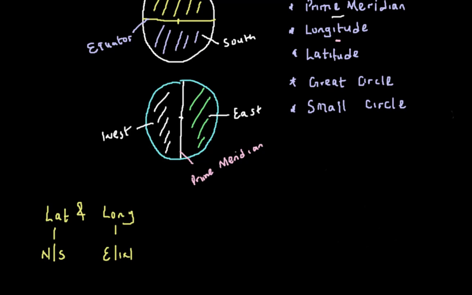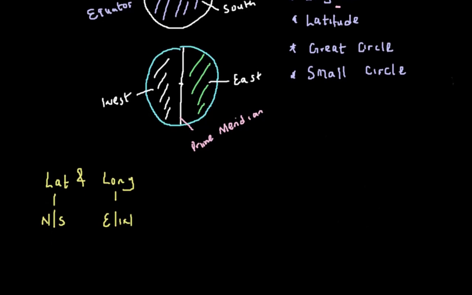Now I'm going to explain this with a diagram, but before I get to that, I want you to understand that latitude is like horizontal lines, and remember those lines are imaginary. Then longitude are vertical lines, and also the lines are imaginary.